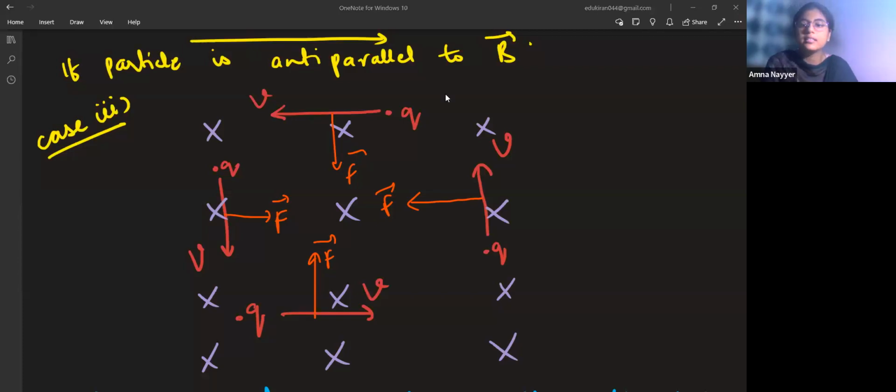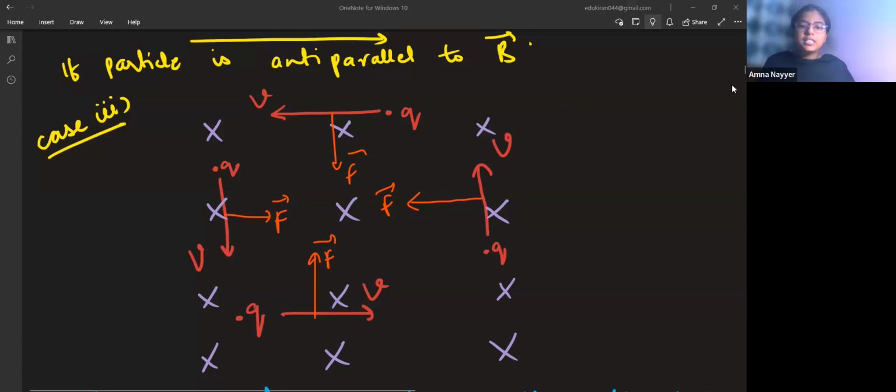Very good, Faiza. Does anyone remember the formula of centripetal force? In class 11th, you must have done it. mv square by r. Very good, Faiza. That's exactly what we are going to use here.